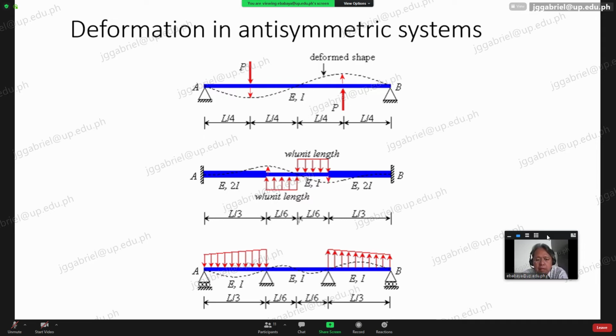Okay? Equal lang mga yan. So we call this antisymmetric. They're almost symmetric, pero anong pinagkaiba nito? Iba yung directions nila.